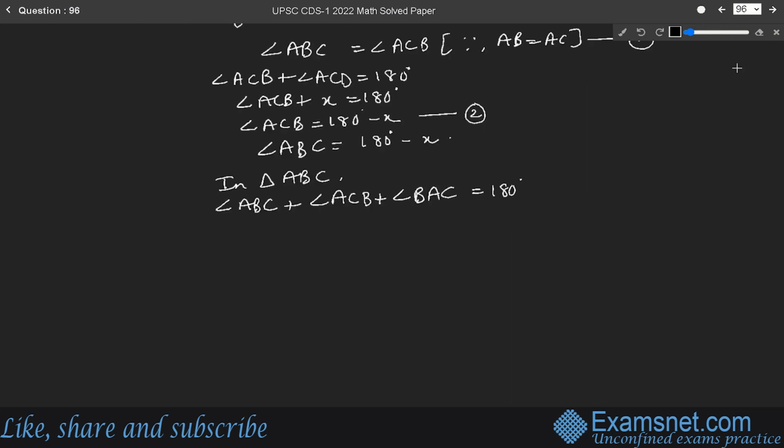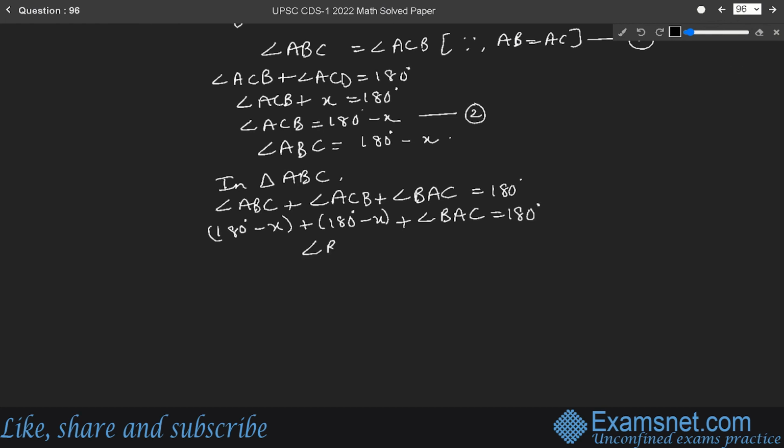So 180 degrees minus X plus 180 degrees minus X plus angle BAC is equal to 180 degrees.